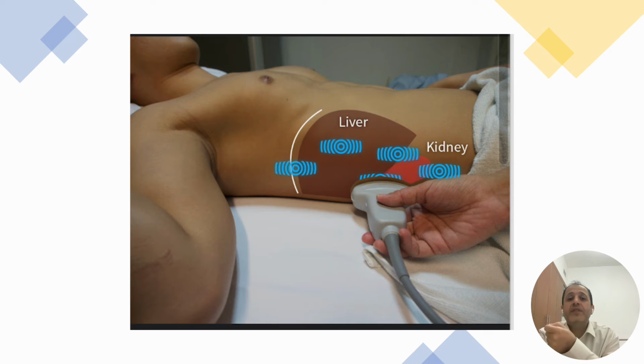Then we move the probe up, down, anterior, posterior, and sweep it, tilt it, angulate it to find the kidney and the liver. It's very important to keep the probe 90 degrees over the kidney, so we can adjust it to get the best images, as we see in the next slide.